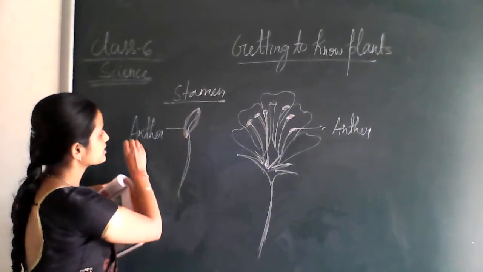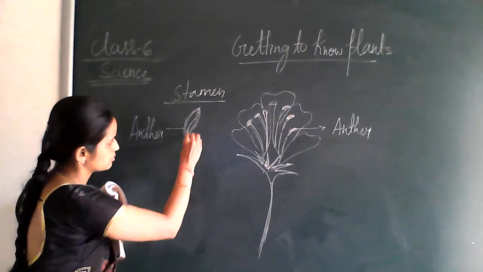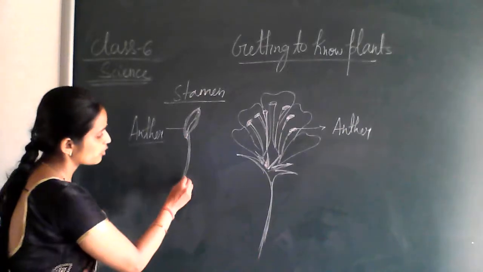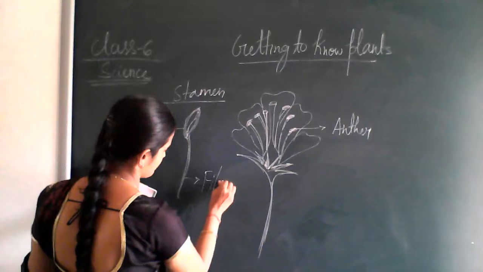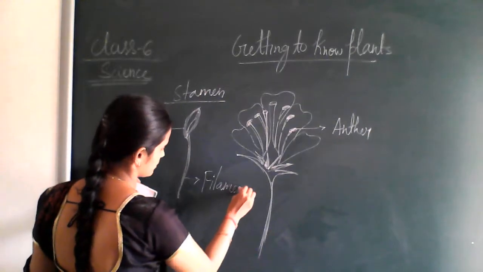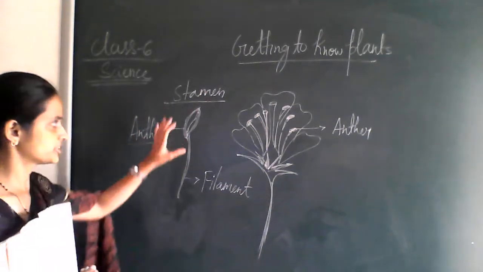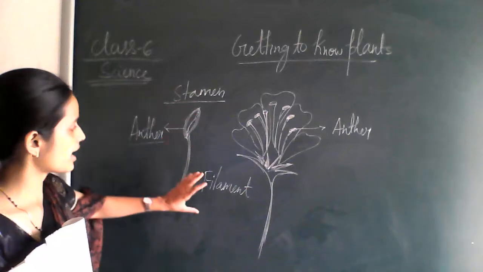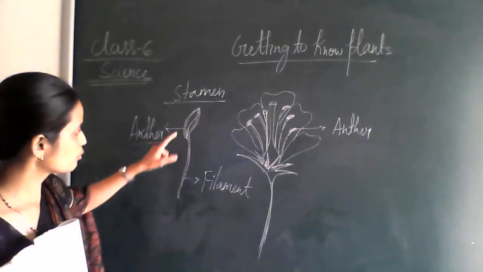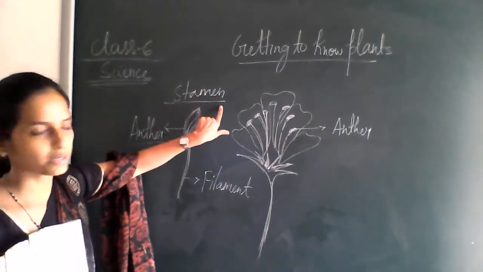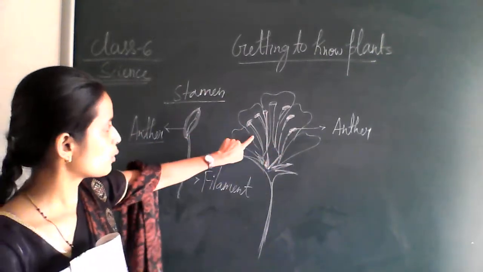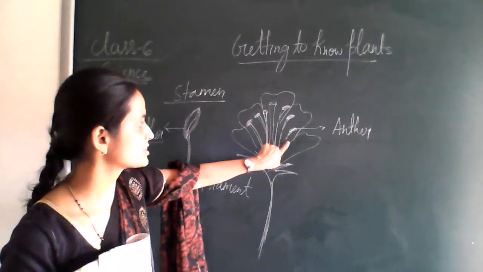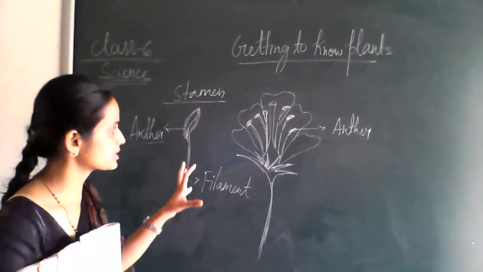And this body of the stamen we call what? Filament. This structure is your anther and this is your filament, and both together we call a stamen. How many stamens can you see in this flower? 1, 2, 3, 4, 5, 6. So we have 6 stamens, right?